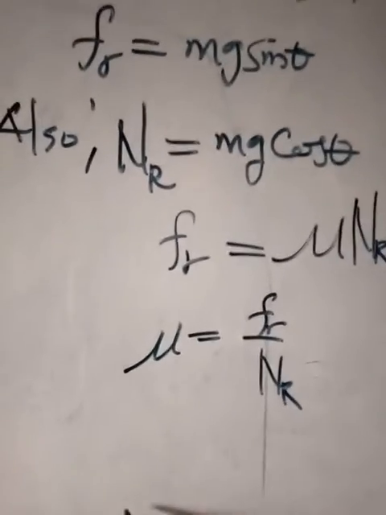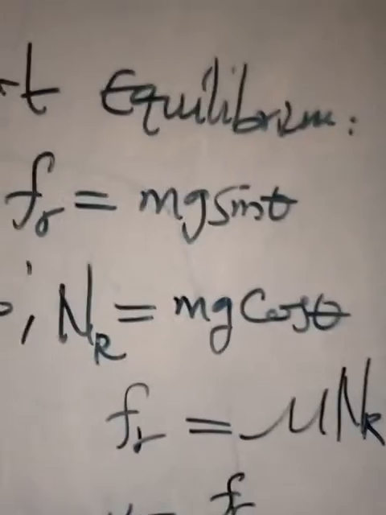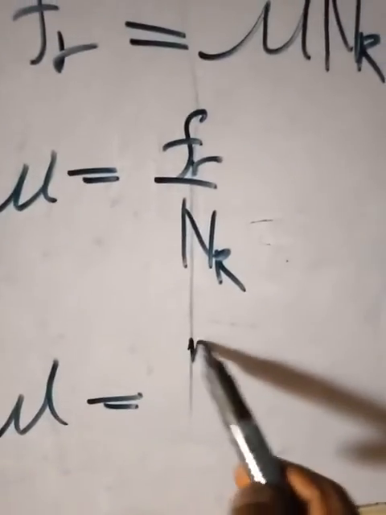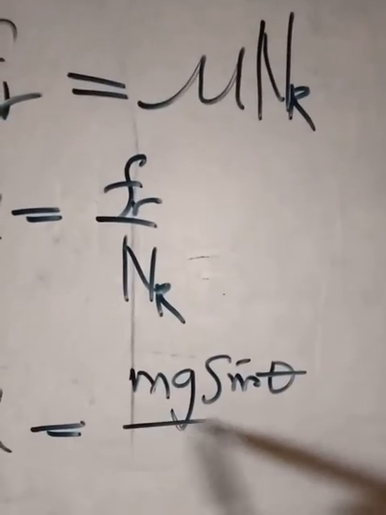Now let's substitute. Don't forget that the frictional force is equal to mg sine theta. That will be mg sine theta divided by the normal reaction. Don't forget that the normal reaction is mg cos theta.